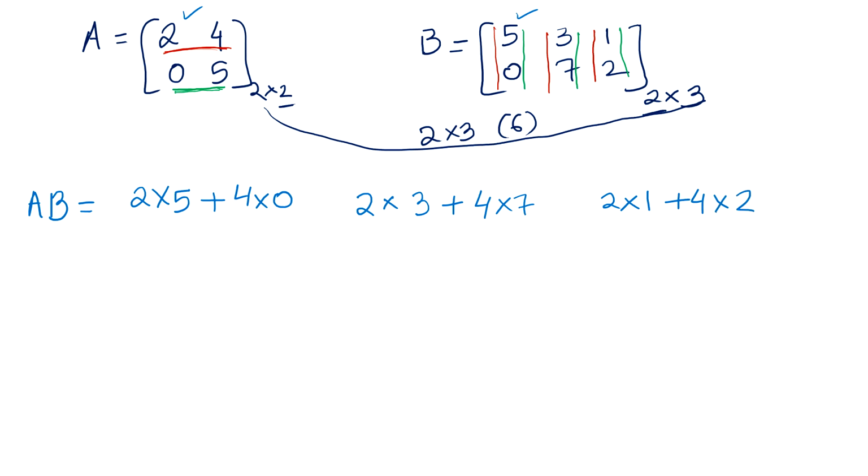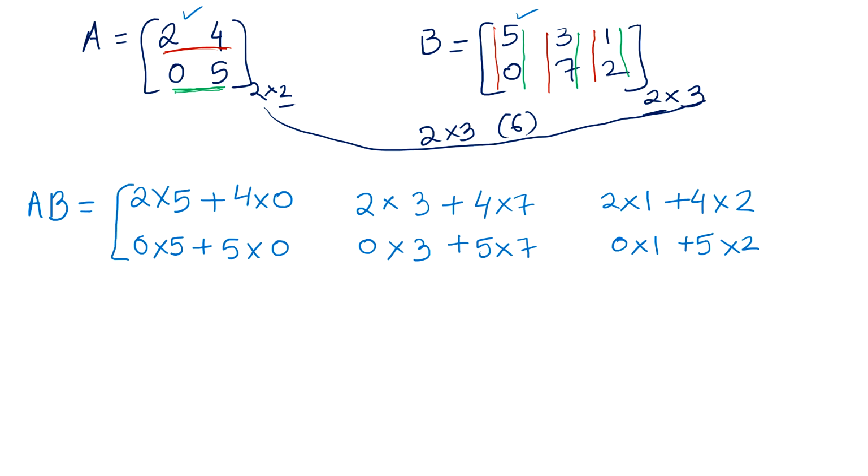So first 3 elements done. Now use row 2. 0 times 5 plus 5 times 0. 0 times 3 plus 5 times 7. 0 times 1 plus 5 times 2. So we've got all our elements, and finally let's evaluate.